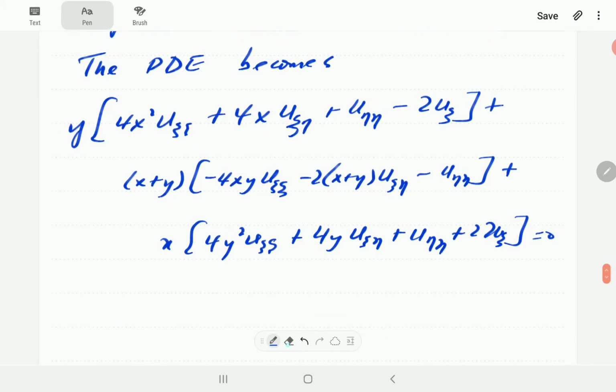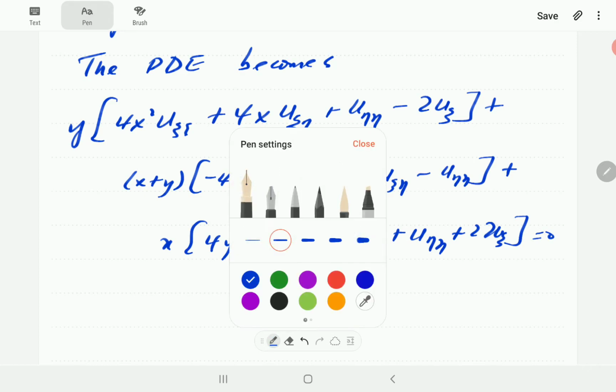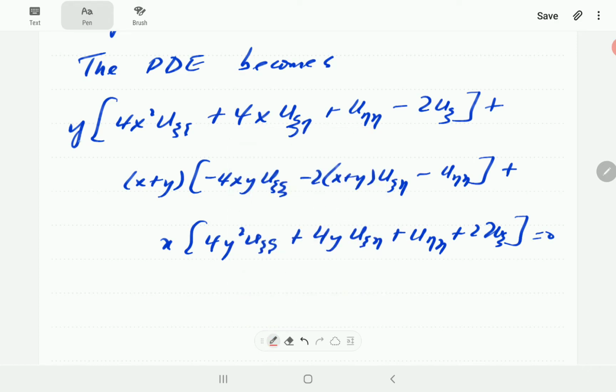Now let's check for the like terms and see what happens to them. So let's start with the xi xi term. So we've got 4x squared y, there's going to be minus 4x squared y from here, the first term. Then 4xy squared is going to be minus 4xy squared. So these terms are going to cancel out.